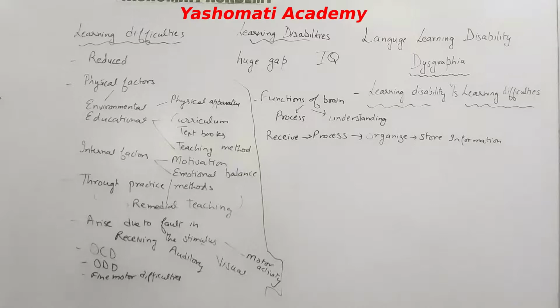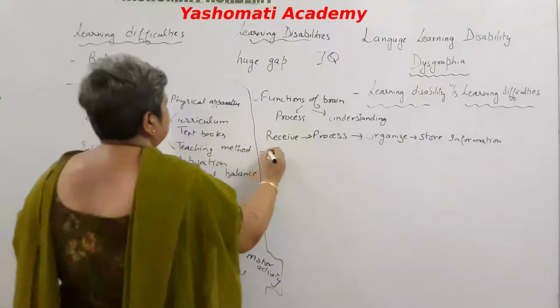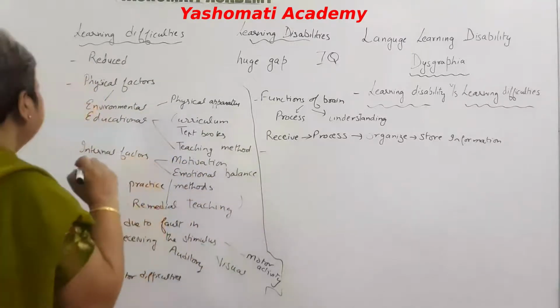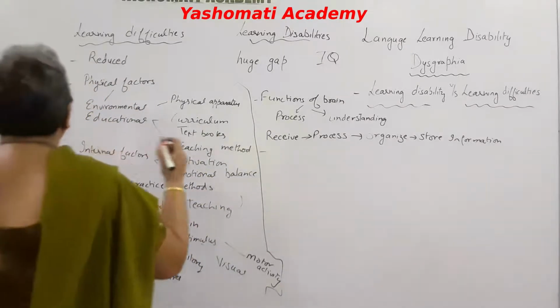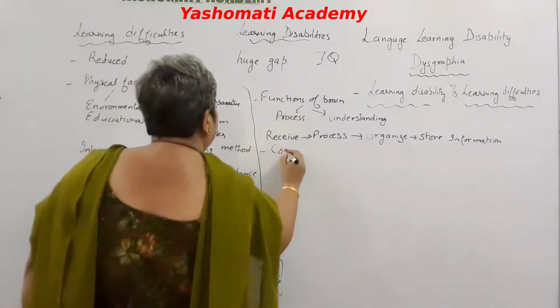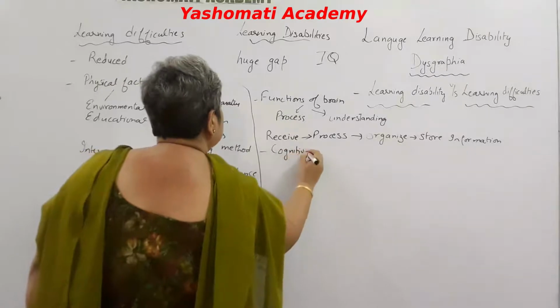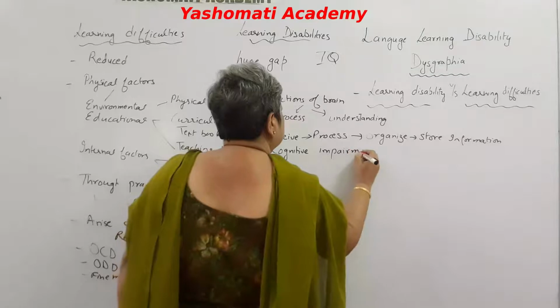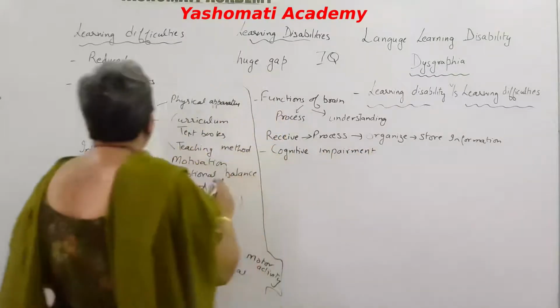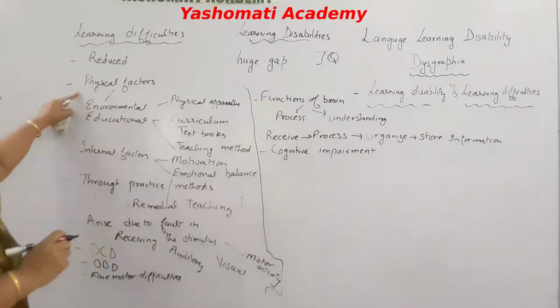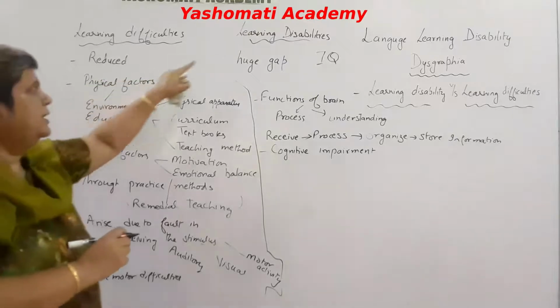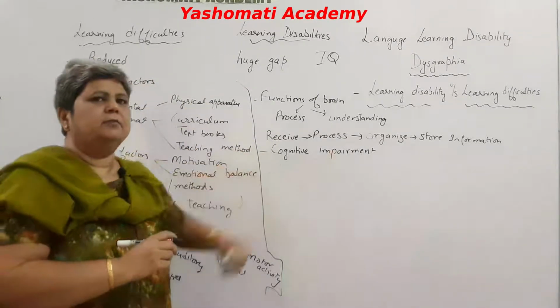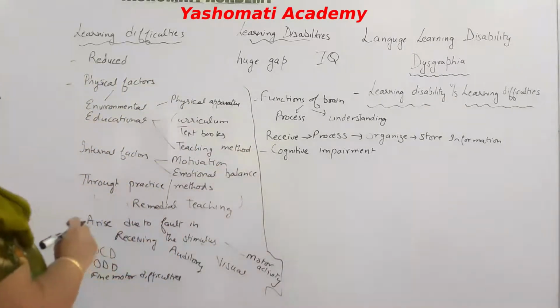Now because of this, we can say that learning disabilities are due to cognitive impairment. Here we saw that learning difficulty is more of a physical impairment, whereas learning disability is more of a cognitive impairment.